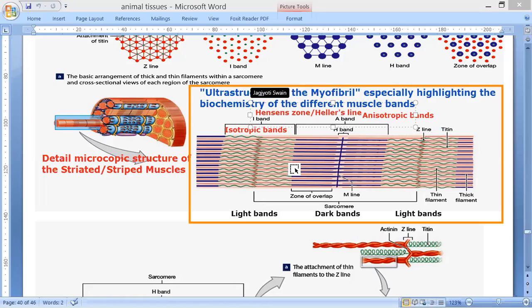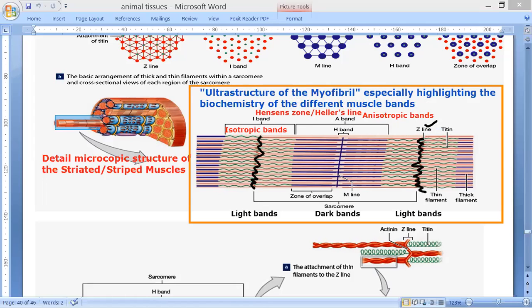So easily you are seeing here this zigzag structure. Okay, so here if you see, there is a zigzag structure. So this zigzag structure refers to the Z line.